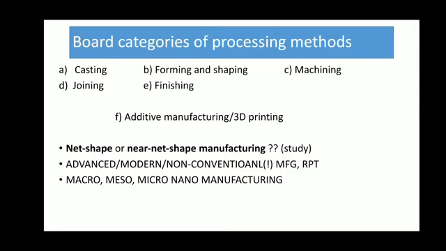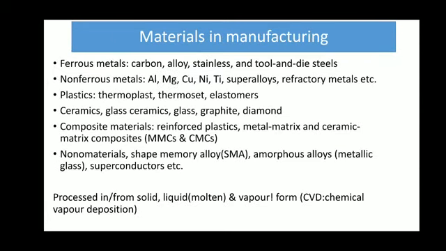Similarly, some advanced finishing processes we will also be discussing. We have also discussed that there are various advanced or non-conventional manufacturing processes, and rapid prototyping. Depending on the level at which you are working, or the unit material removal at a particular level, we also have different micro, meso, and nano manufacturing. The various materials in manufacturing, these things we have also covered.